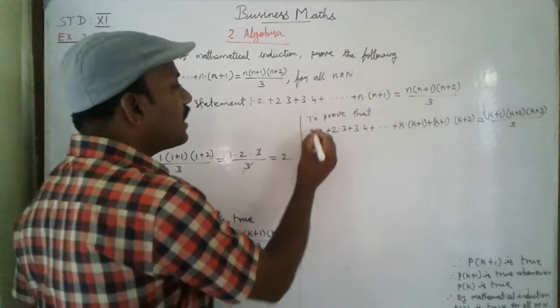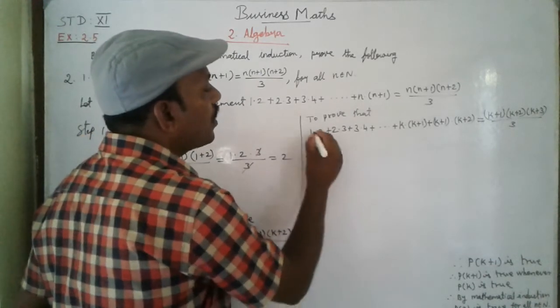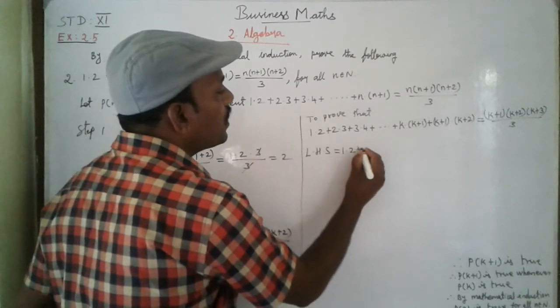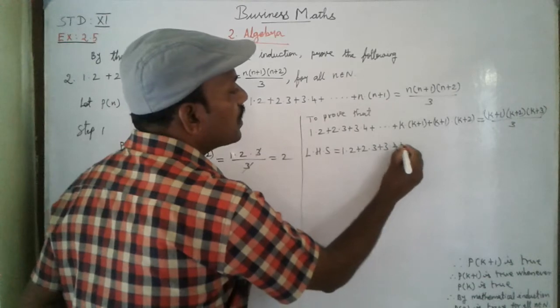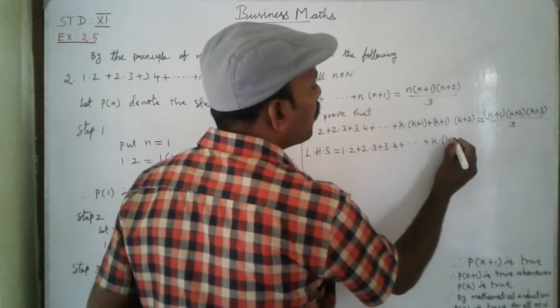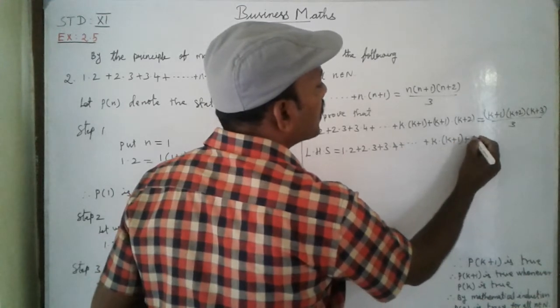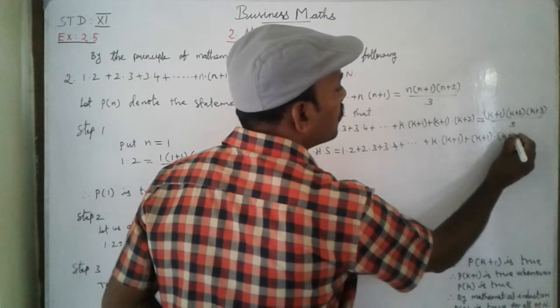So first we take the LHS. LHS equal to 1 into 2 plus 2 into 3 plus 3 into 4 plus and so on, plus k into (k+1) plus (k+1) into (k+2).